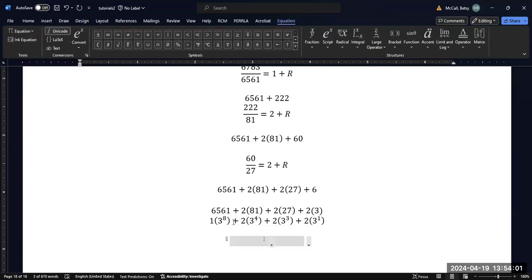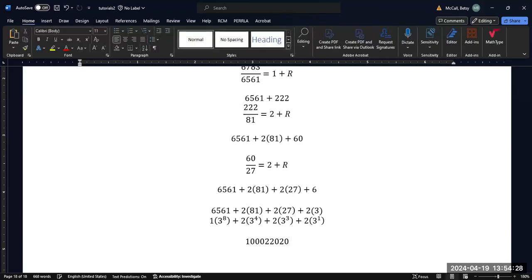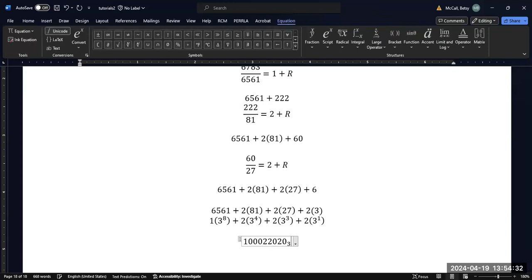So if I start with the 1 for the 3 to the 8th position, there's no 3 to the 7ths, no 3 to the 6ths, no 3 to the 5ths, then there's 2 3 to the 4ths, and 2 3 cubes, and no 3 squareds, and then 2 3 to the 1st, and then there's no leftover digits after that. So this would be my number in base 3.